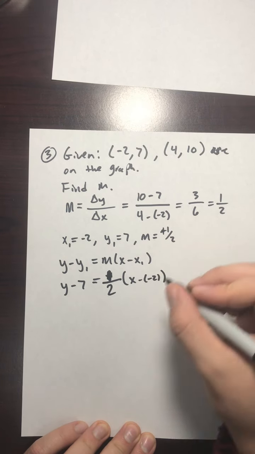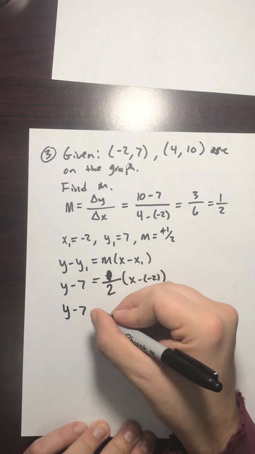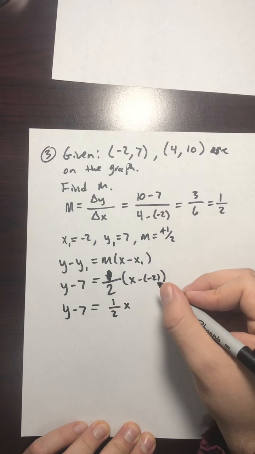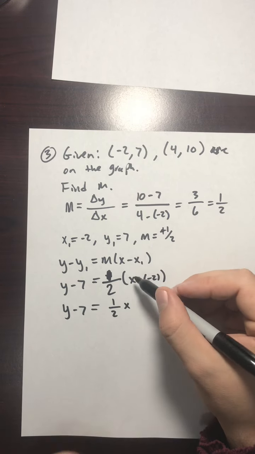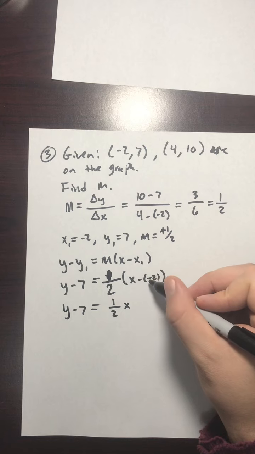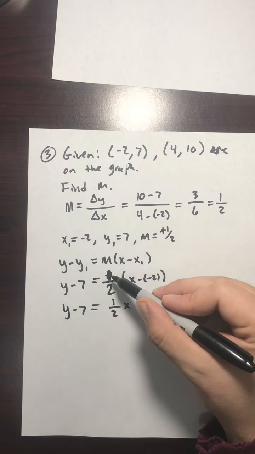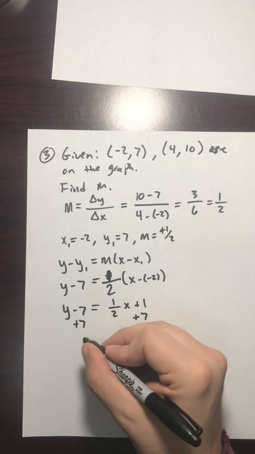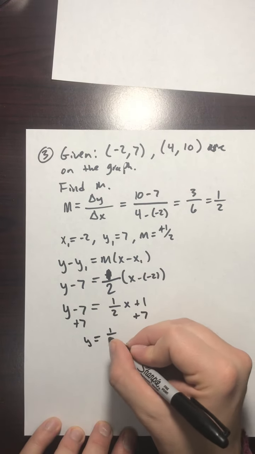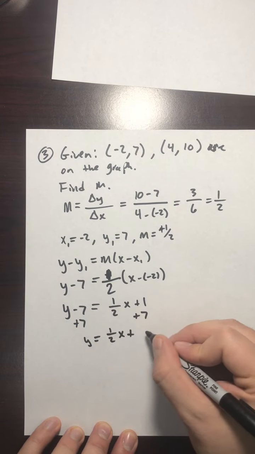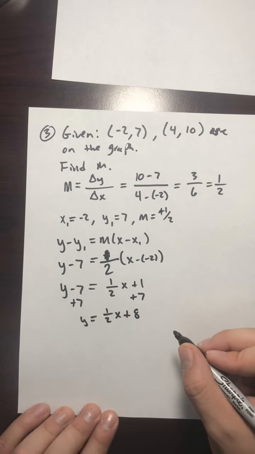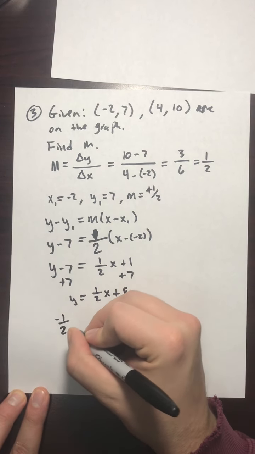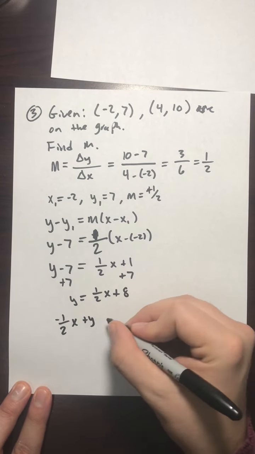Keep track of positive and negative signs, which is something that all of us can get better at. So, this is going to be negative of -2 is +2 times 1/2, which is 1. Add 7 to both sides, so y equals 1/2 x plus 8. That's slope-intercept form, if you're asked to give the answer in slope-intercept form. And then standard form.